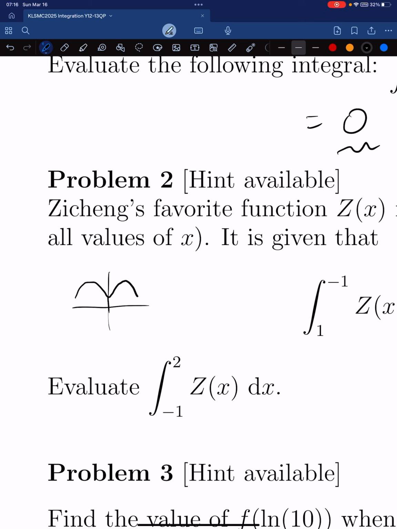It should be self-evident that if you find the area from -1 to 0, and then the area from 0 to 1, because it's symmetric, the two areas should be the same. Therefore, the integral of z of x from 0 to 1 should equal the integral of z of x from -1 to 0.